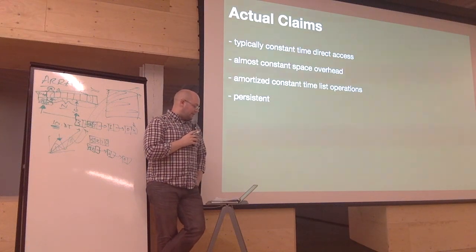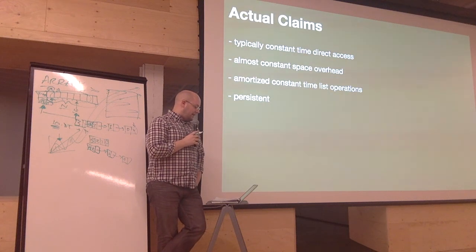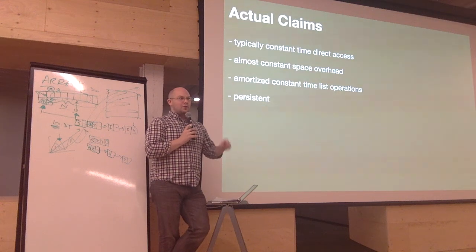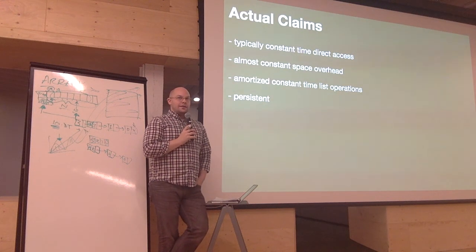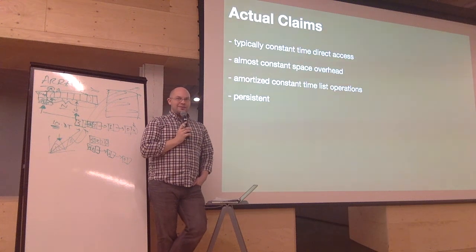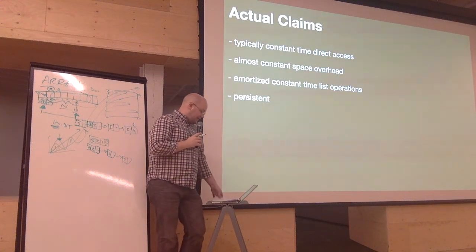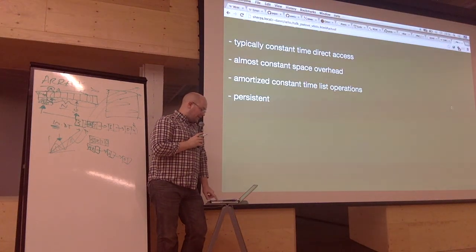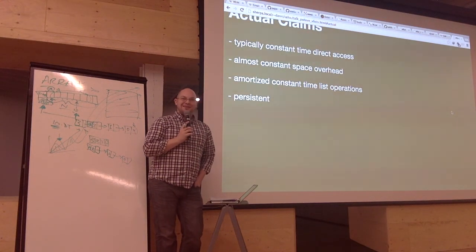We get almost constant space overhead, and we get amortized constant time list operations, with a small amortization factor in the end. Okay, so these are slightly more believable claims, but we don't really get the perfect data structure of our dreams. That remains for one of you to do instead.